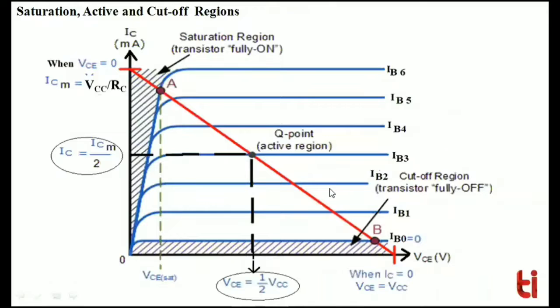So let's get started. First point, which is point B, is called the cutoff point, and this is the point where the load line, the red line, intersects the IB equals 0 curve, and this is the point where the base to emitter junction no longer remains forward biased, and normal transistor action is lost at that point.